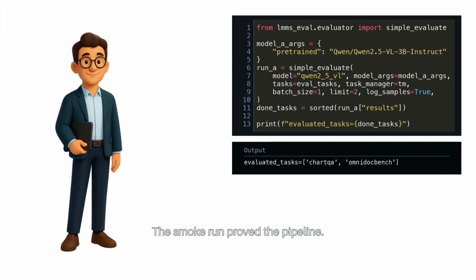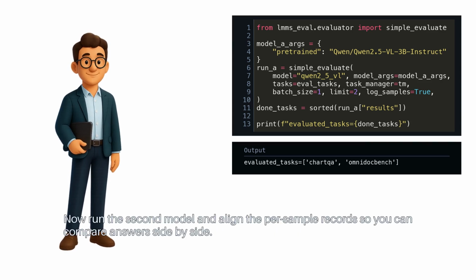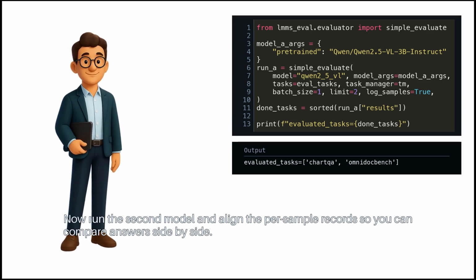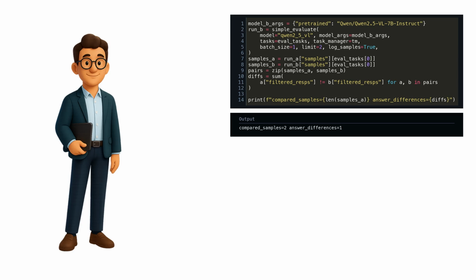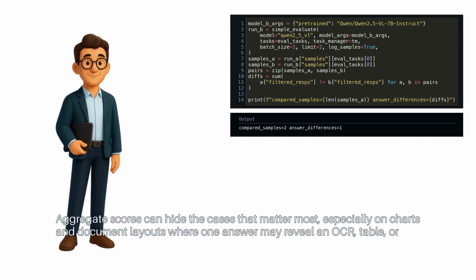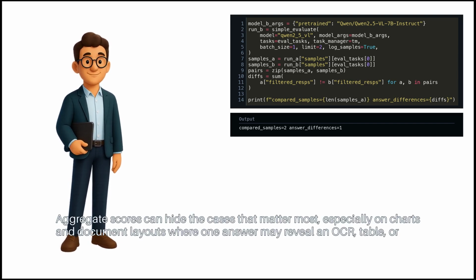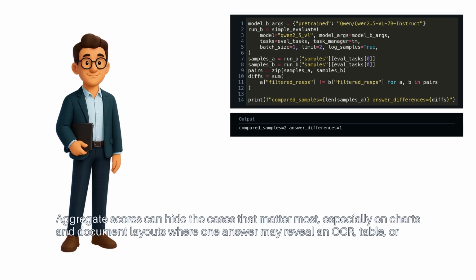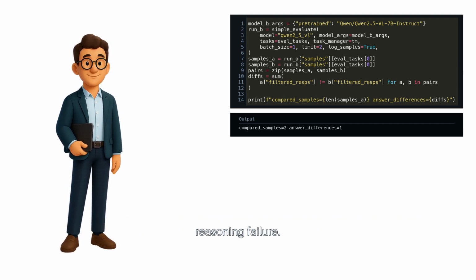The smoke run proved the pipeline. Now run the second model and align the per sample records so you can compare answers side by side. This snippet puts two model runs side by side at the sample level. Aggregate scores can hide the cases that matter most, especially on charts and document layouts, where one answer may reveal an OCR, table, or reasoning failure.